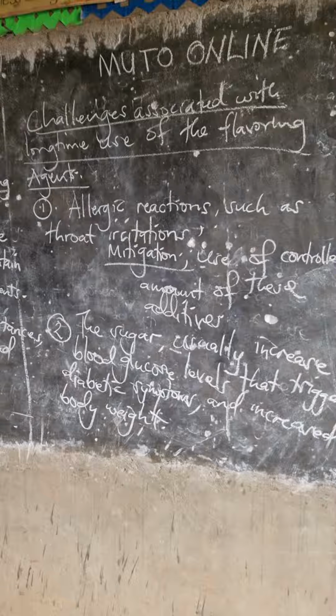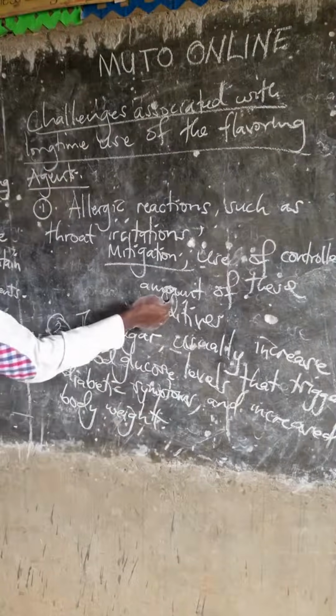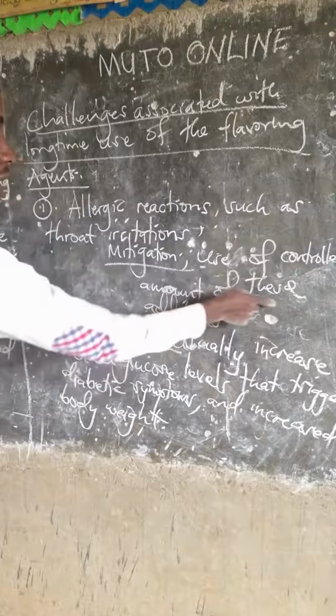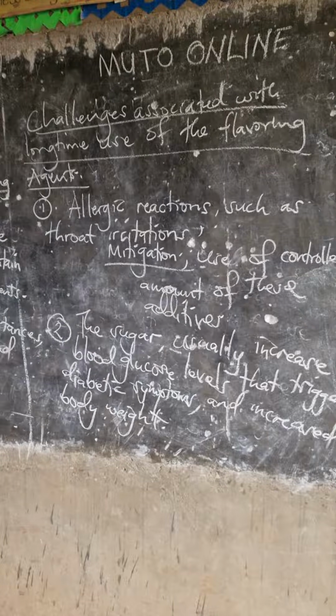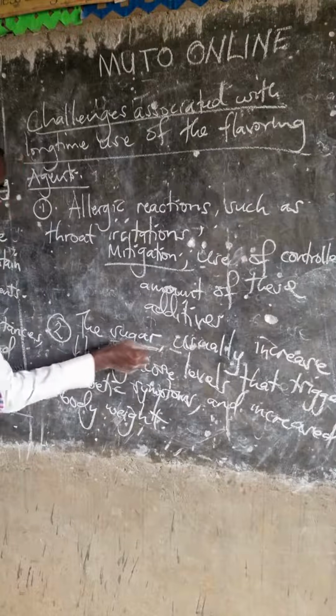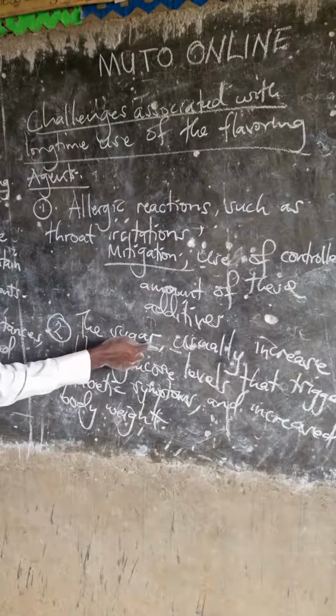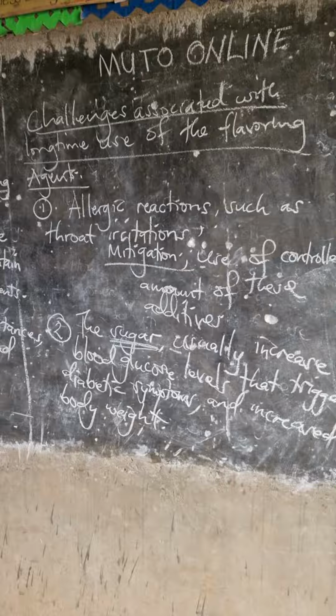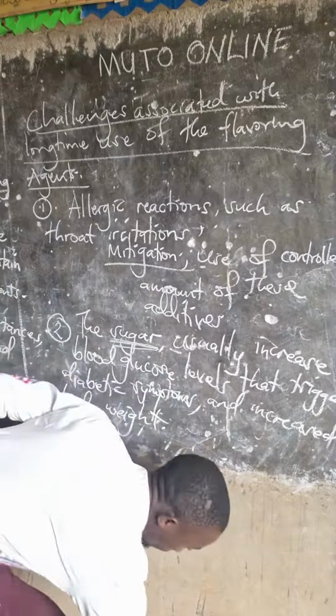So they are also bad. Mitigation, same: use controlled or smaller amounts of these sugars. If you're diabetic, always read prescriptions and avoid using such food additives if they are sugar. So that can be a good mitigation.